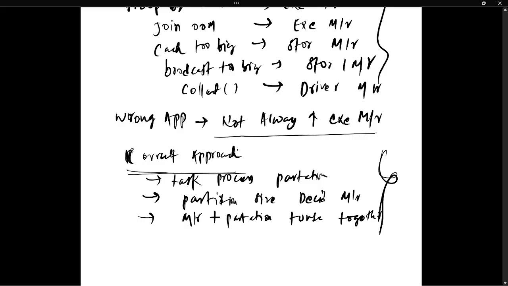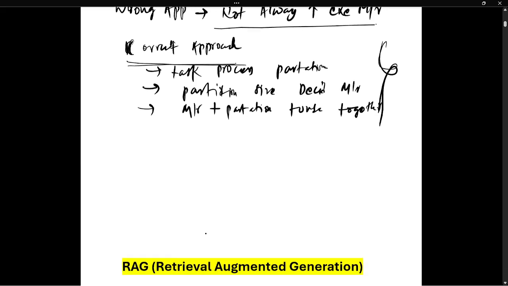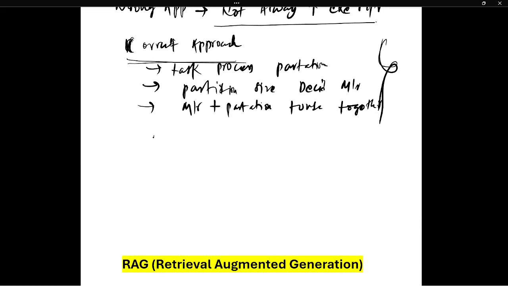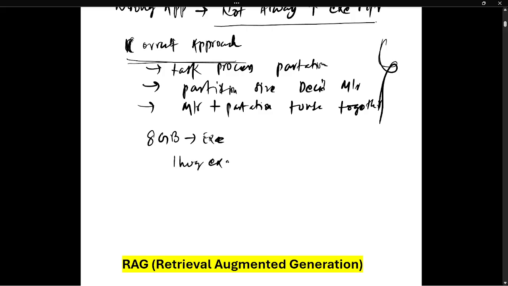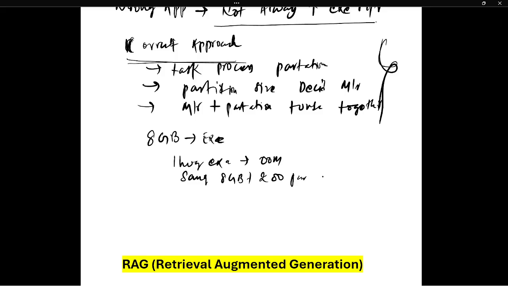We will understand with an example also. Suppose we have 8 GB of executor, and one huge partition causes executor out of memory. With the same 8 GB plus 200 or more partitions, that works fine.